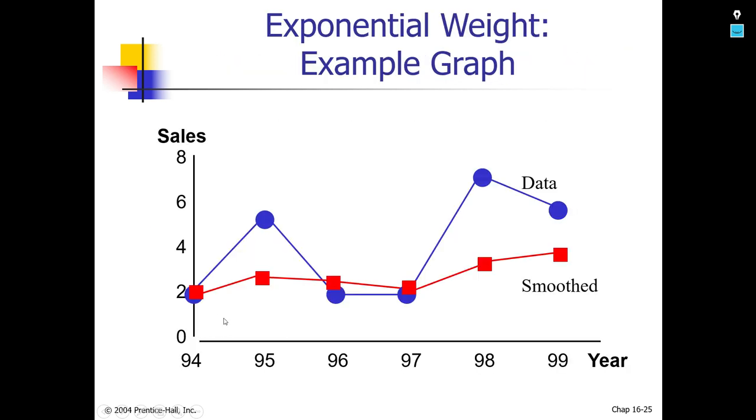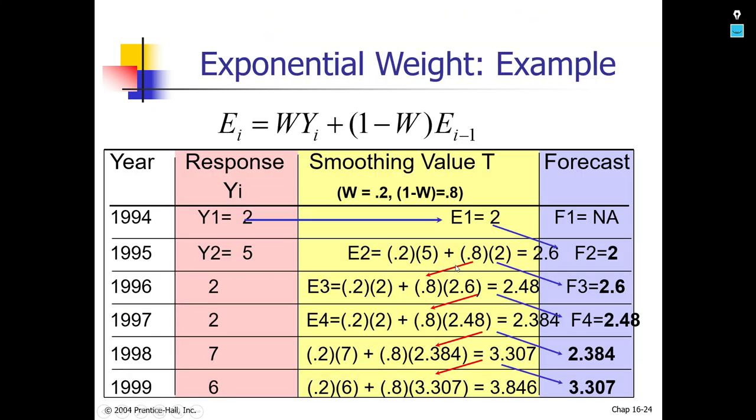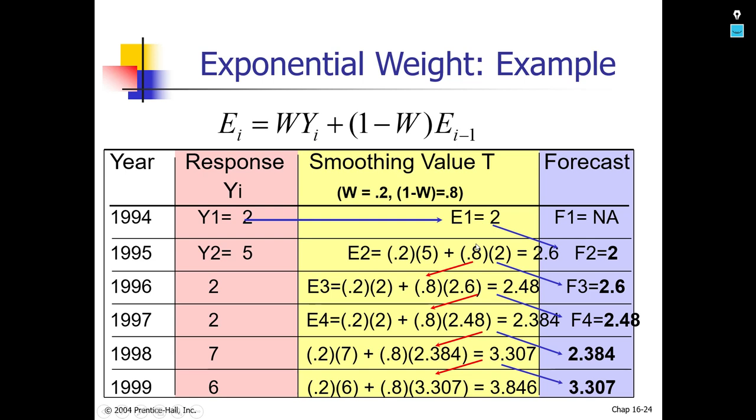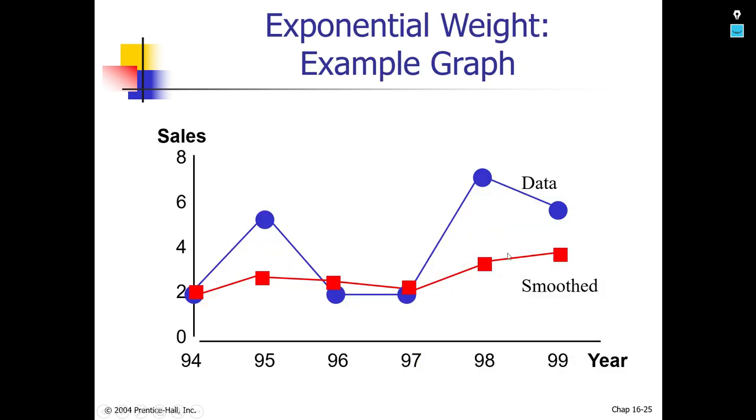Your original data, we start with 94, 94 we have 2. 95 we have 5. Then 96 you can plot here is 2. 97 is 2. 98 is 7. And 99 is equal to 6.